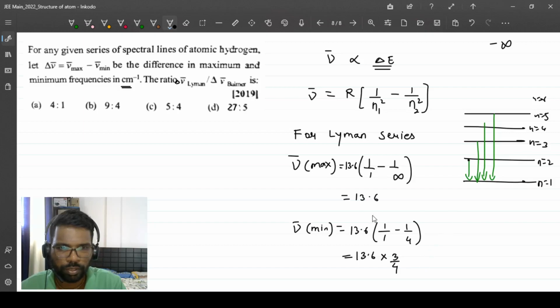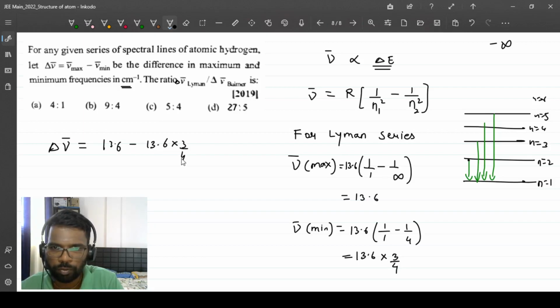If you want to find the delta nu bar, the difference will be 13.6 minus 13.6 into 3 by 4.